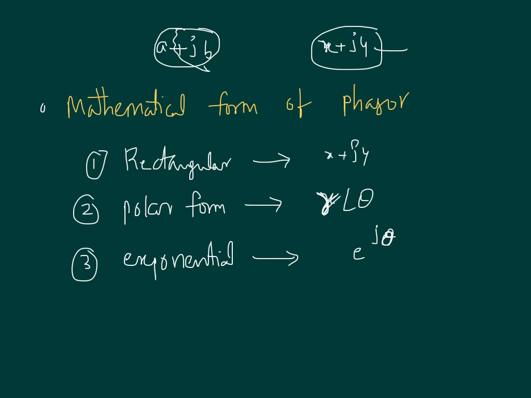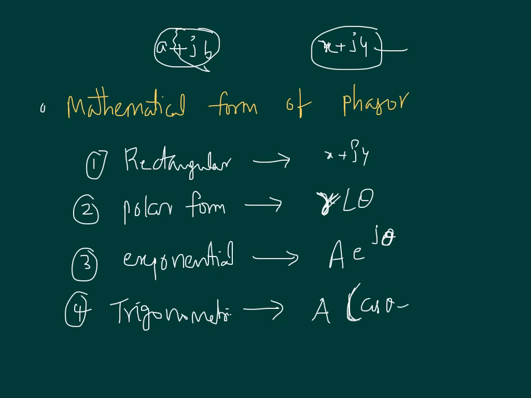And before that we will have some magnitude, say a, so a into e power j theta. And fourth one, trigonometric form, will be some magnitude a into cos theta plus j sin theta.